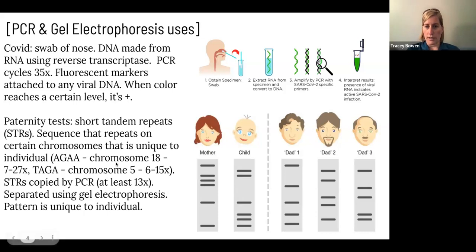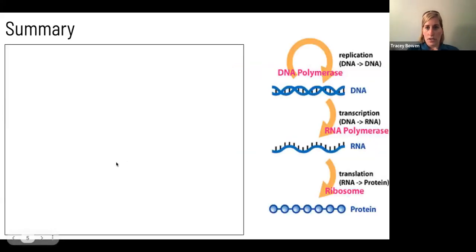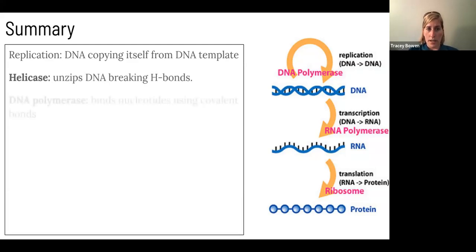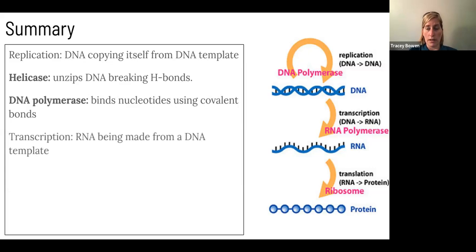So to summarize, for SL students, DNA replication is DNA copying itself from a DNA template using DNA polymerase and helicase. Helicase is going to unzip the DNA, breaking the hydrogen bonds. DNA polymerase is going to bind nucleotides together, forming covalent bonds between the phosphate and sugar.